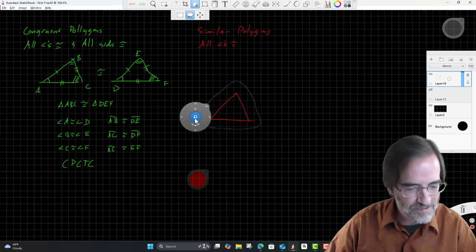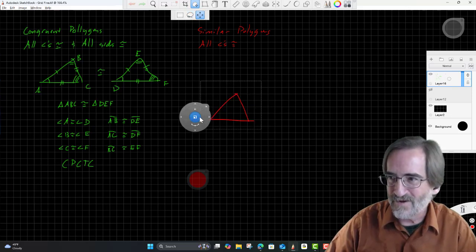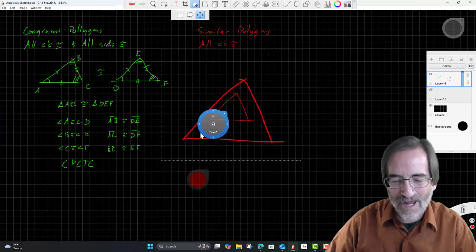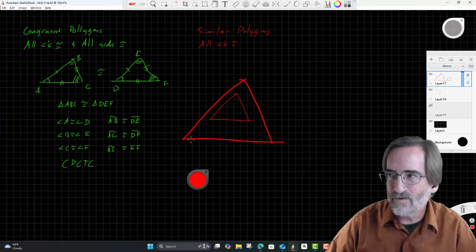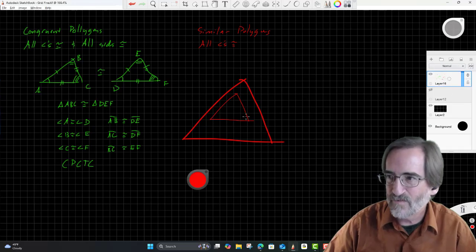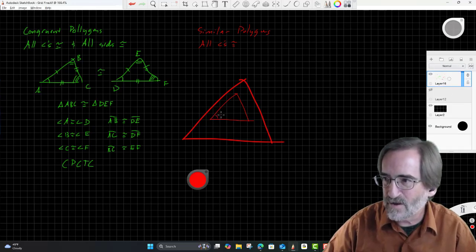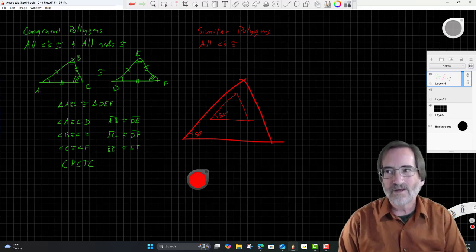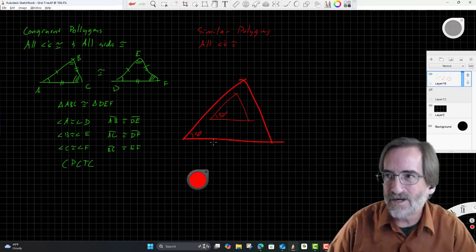It's user error, I'm sure. Control C, Control V. There we go. If I grow it, the angles don't get any bigger, right? The angles don't get any bigger. The size of the sides gets bigger. So if this angle is 50 degrees, then this angle is also 50 degrees as measured by a protractor. Okay, so the angles don't change size.